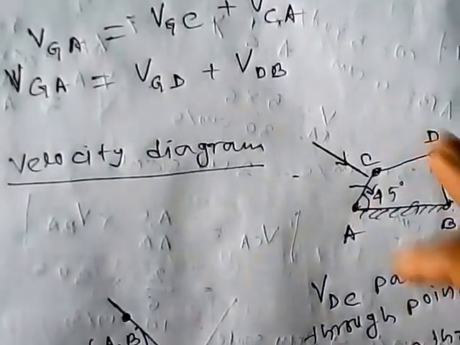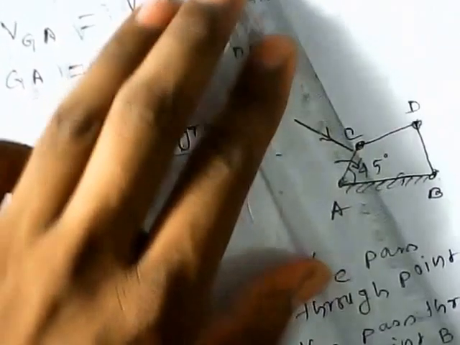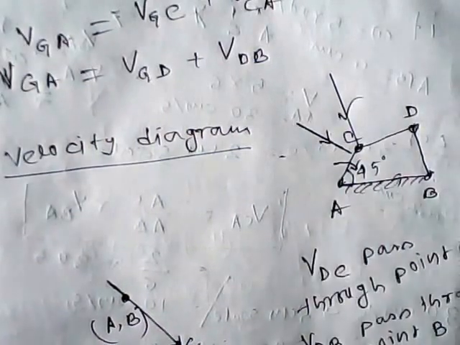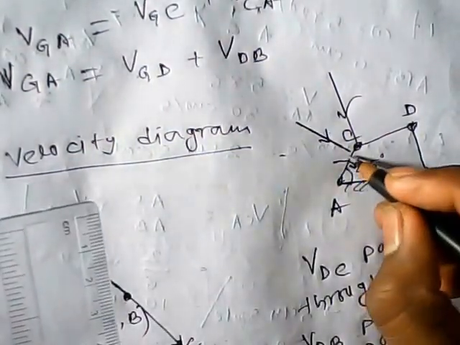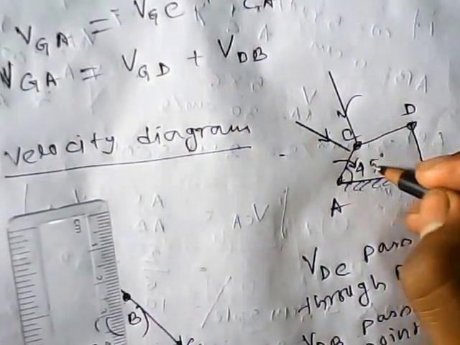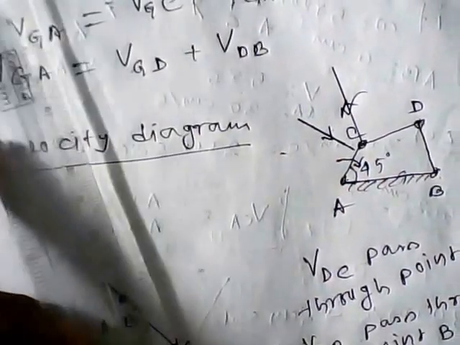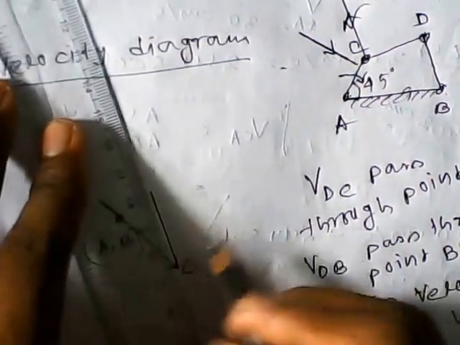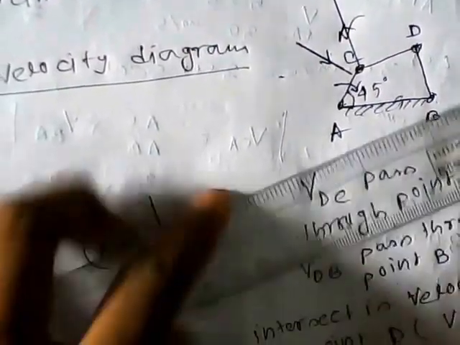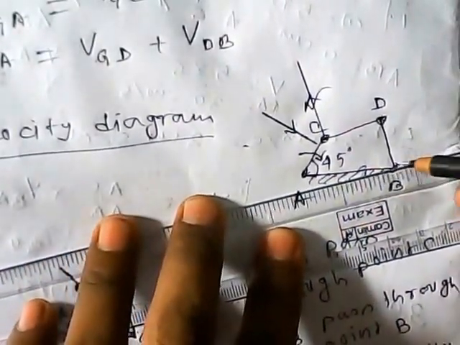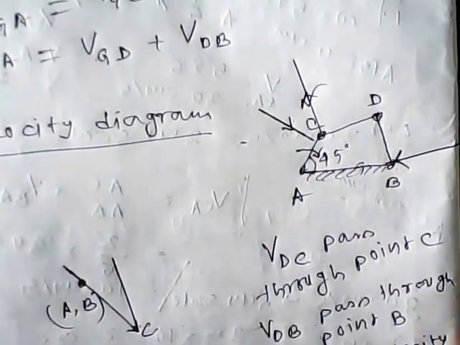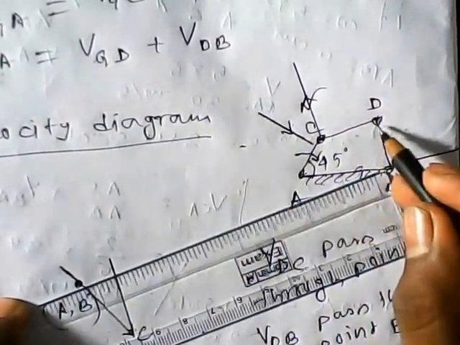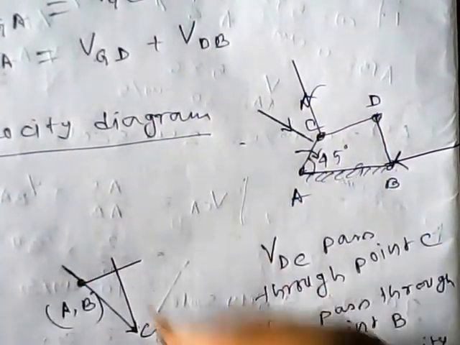Now here velocity of D with respect to C is the perpendicular line passing through C, and in the velocity diagram I draw the parallel line of the velocity direction, and velocity of D with respect to point B is the perpendicular direction passing through B. I draw the parallel line of this velocity direction, or perpendicular line of DC or DB.